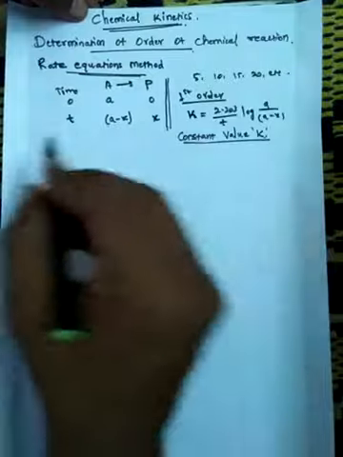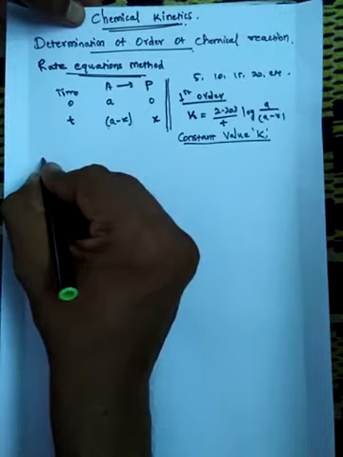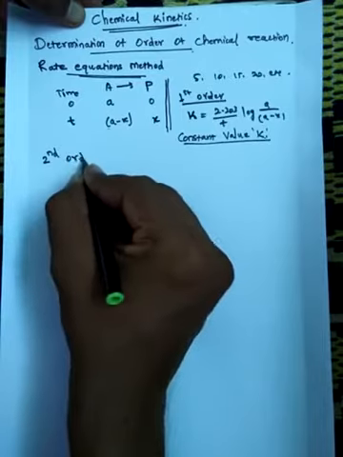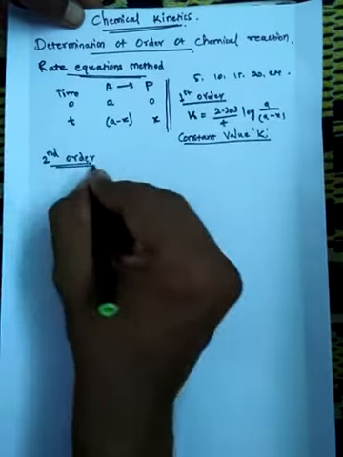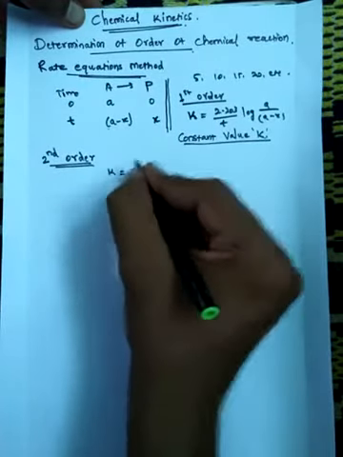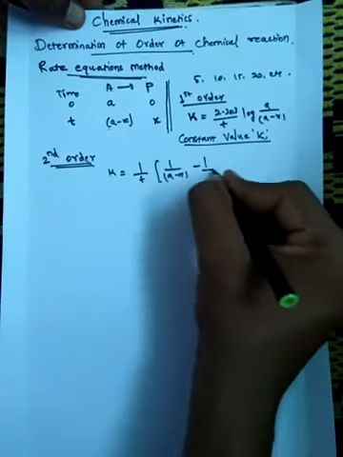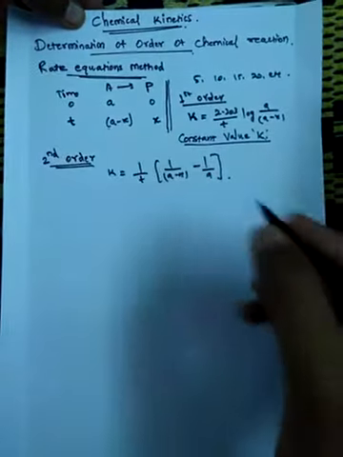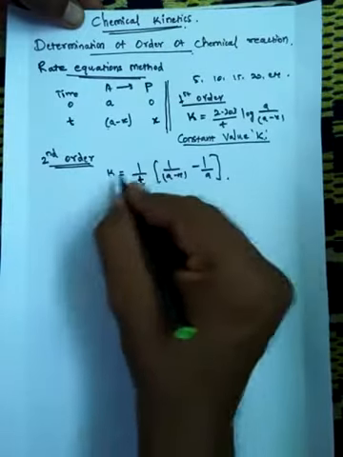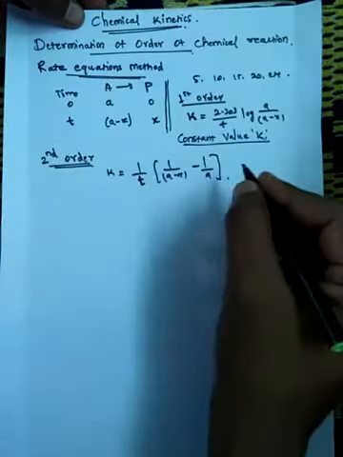So if the reaction is not first order reaction, then I have to check it with the other integrated form of rate equation. Let me write for a second order reaction. It is k equal to 1 by t into 1 by a minus x minus 1 by a. So this is the integrated rate equation for a second order reaction.